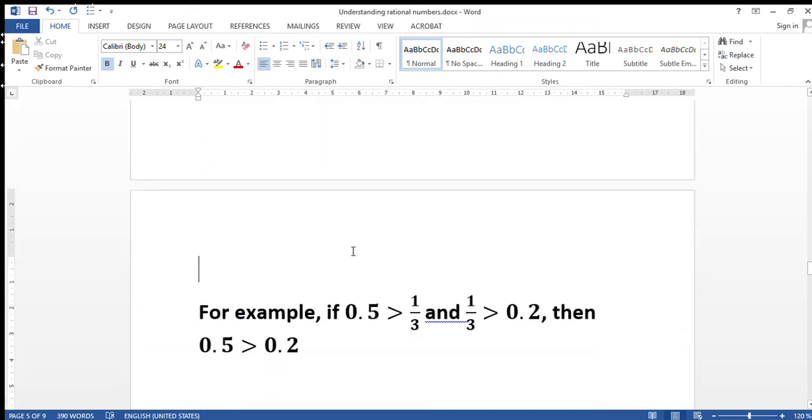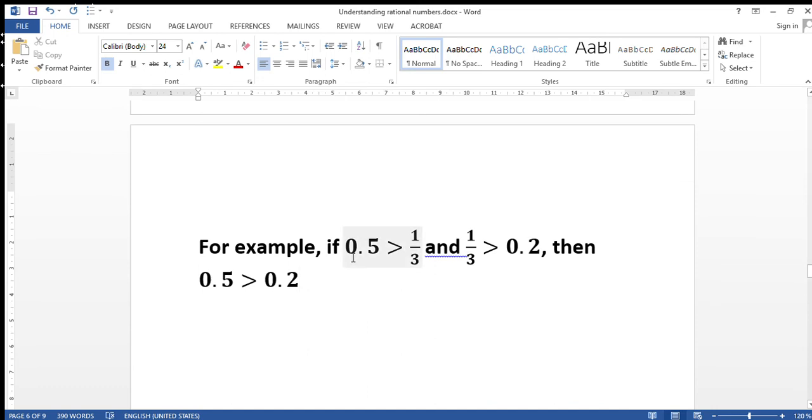So for example, if 0.5 is greater than 1/3 and 1/3 is greater than 0.2, then 0.5 must be greater than 0.2. This is correct.